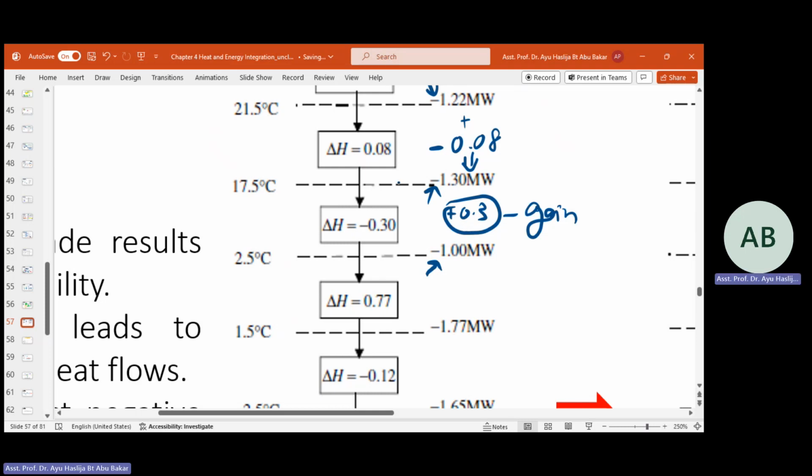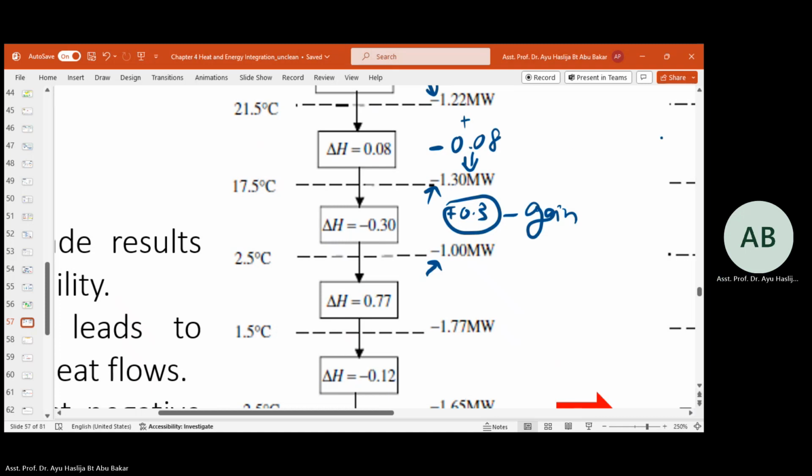Okay. These two columns are different. In the box is from the stream. Outside the box is the one that you supply or gain. Outside the box is the accumulation of the heat you need to supply or gain.